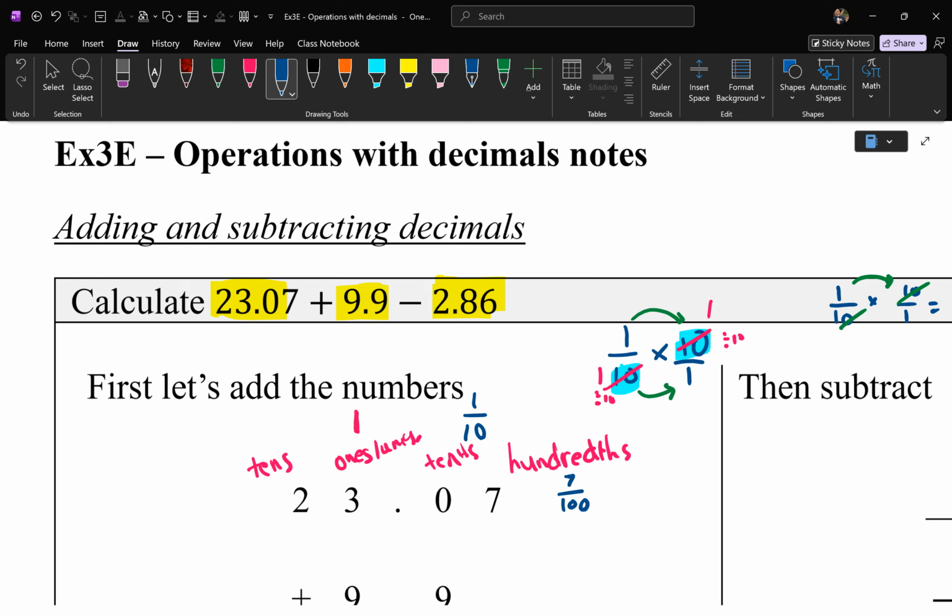When you write 3 here, that actually means 3 wholes, 3 out of 1. When you write 2 here, that's 20 of those ones. Okay, or you can think of it as 2 of those tenths, or 20 of those tenths. Okay? And I'm just going to stop there for you to understand.